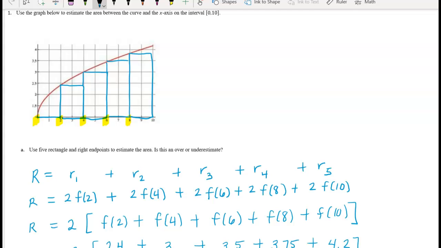And notice that our rectangle on the far left, I'm going to call this guy R sub 1, the height of it is 0 because when we plug in x equals 0, we get y equals 0. R sub 2 is here, R sub 3, R sub 4, and R sub 5. And again, the heights are coming from these points on the left-hand side instead.